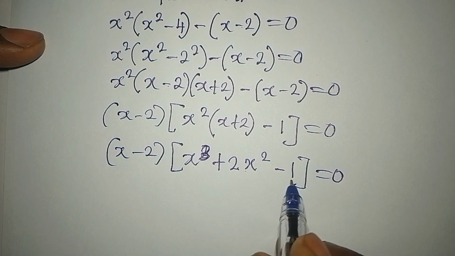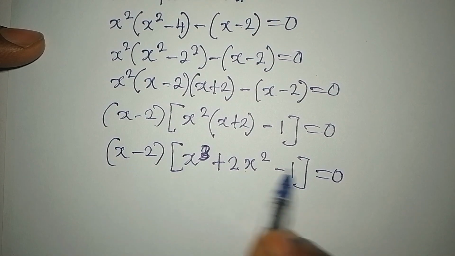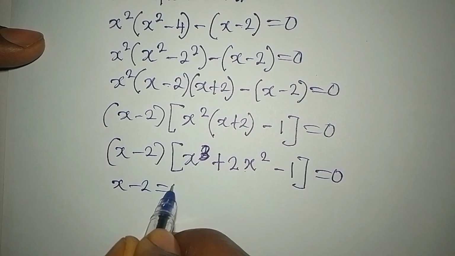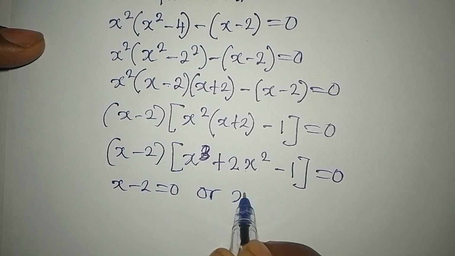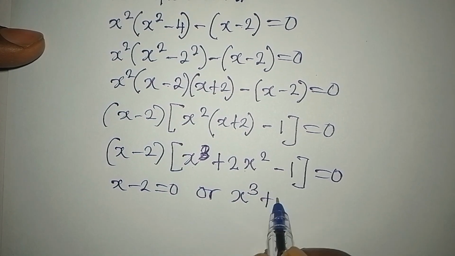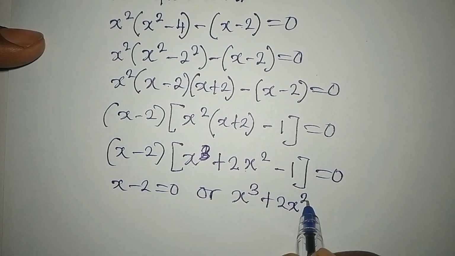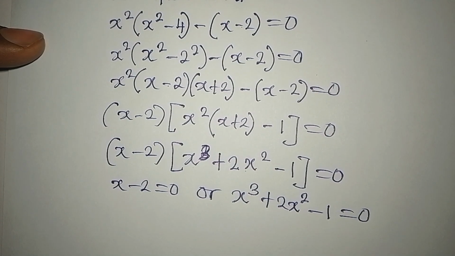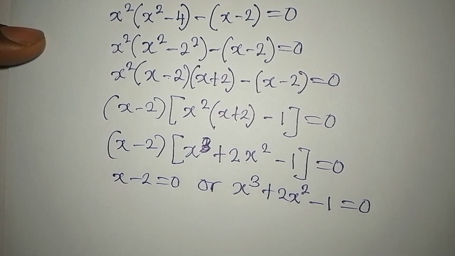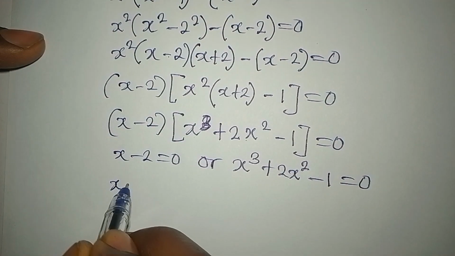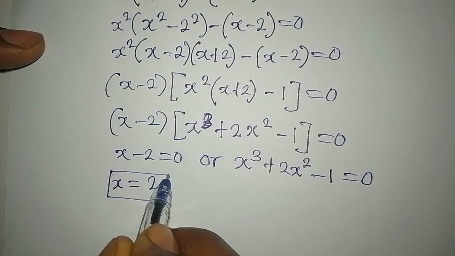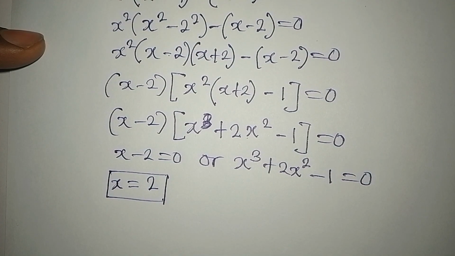From here we can equate this to 0 or this to 0. So x minus 2 is equal to 0, or x to the power of 3 plus 2x to the power of 2 minus 1 is equal to 0. Right? So from here, x is equal to 2, and this becomes the first solution to the problem.